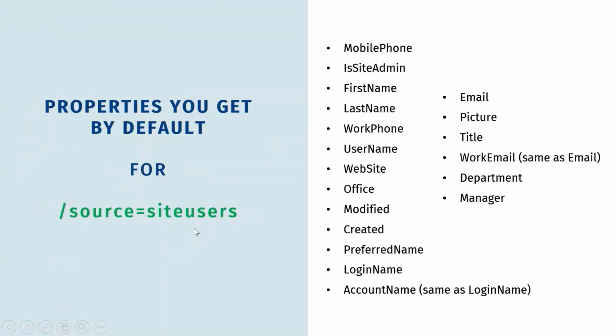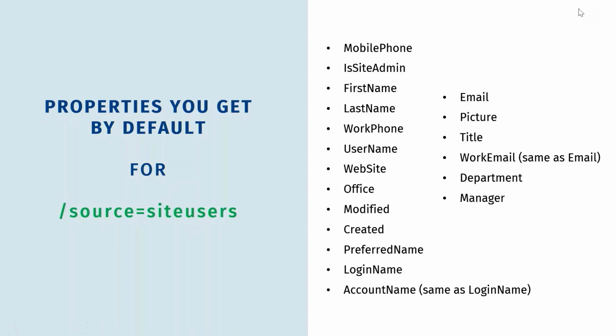When you're using the site users as source, these will be the default properties that you will get. So there will be plenty of important information here, like mobile phone, first name, last name, of course, work phone, username, and very important stuff, login name.